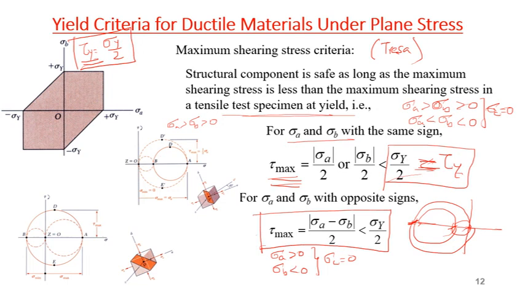So this tau max is my in-plane maximum shear stress. If the loading condition is such that this is the case or this is the case, then tau max is my out-of-plane maximum shear stress.